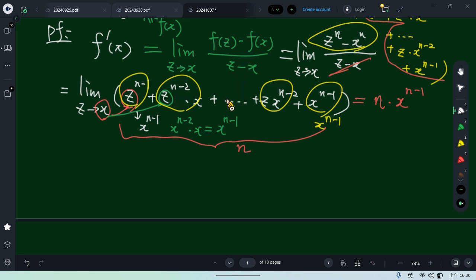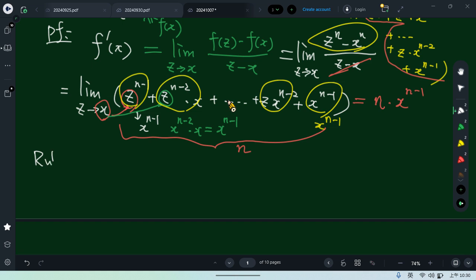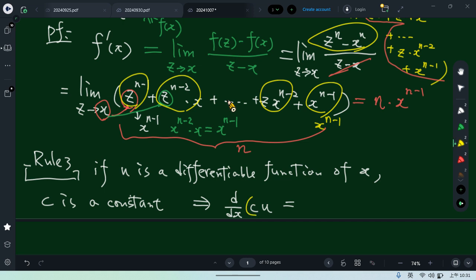Okay. So for rule 3, if u is a differentiable function of x and c is a constant, then when we differentiate c times u, we simply move the constant out.